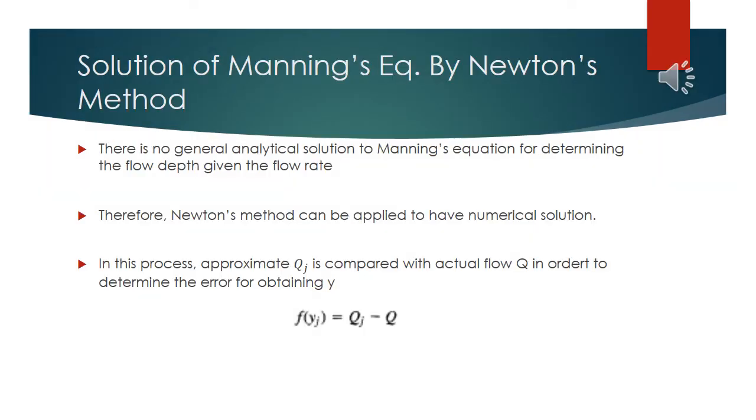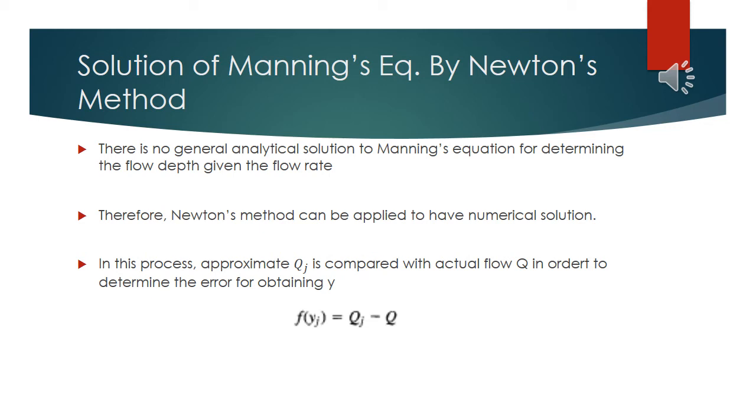The one that we utilize for the solution of Manning's equation is Newton's method, Newton's iteration. There is no general analytical solution to Manning's equation for determining the flow depth given the flow rate. Therefore, Newton's method can be applied to have a numerical solution.